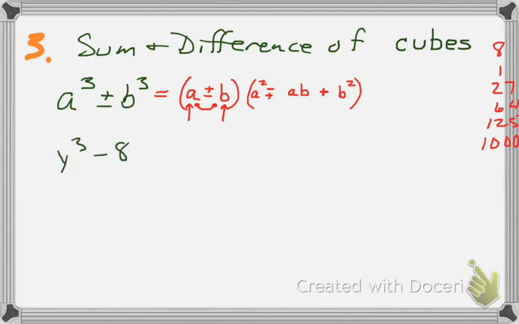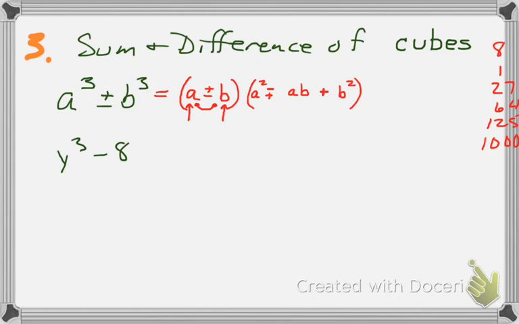Y cubed minus 8. They are both cubes. A variable with an exponent is a cube if the exponent is a multiple of 3. So y cubed is a cube, y to the 6th is a cube, y to the 27th is a cube because it is a multiple of 3. Y to the 45th, multiples of 3, those are cubes.